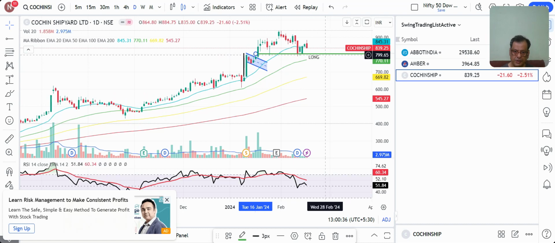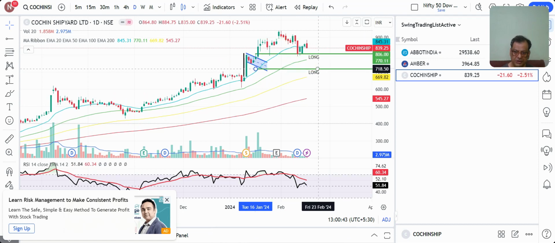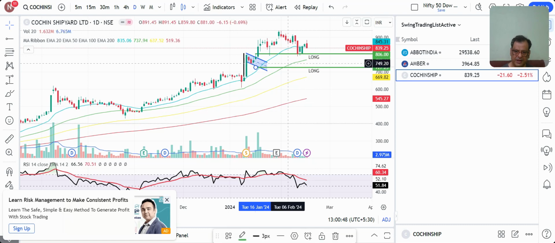Stop loss will be below the bull flag, say in the center, something which makes common sense. There are 3, 4 candles here. Again, this low is lower than the lowest part of the red candle that you see here.